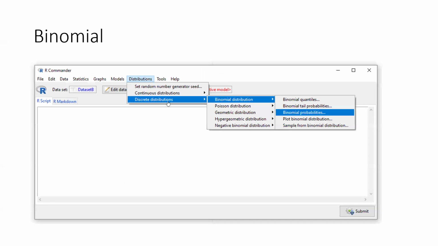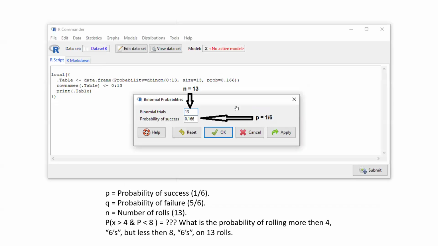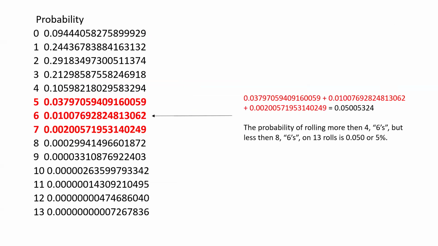So Distributions, Discrete Distributions, Binomial Distribution, Binomial Probabilities. 13 rolls, 1 out of 6 is our probability of success, because we're only looking for a single face. Well, 5 is greater than 4, 6 is greater than 4, and 7 is greater than 4.